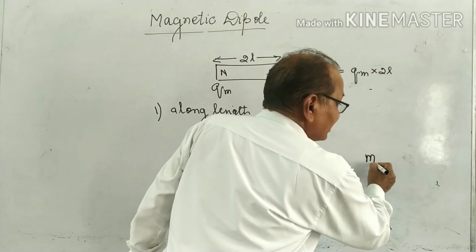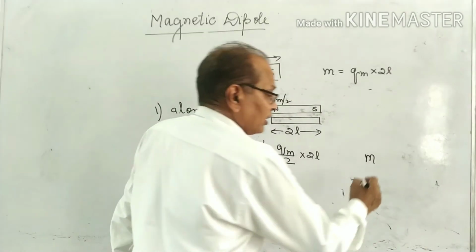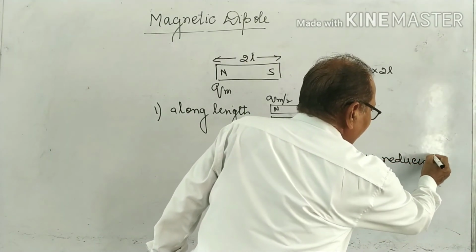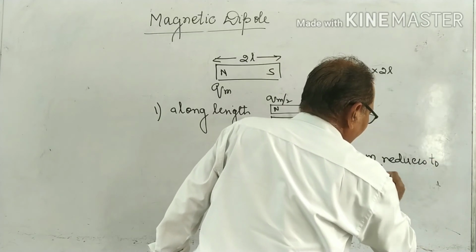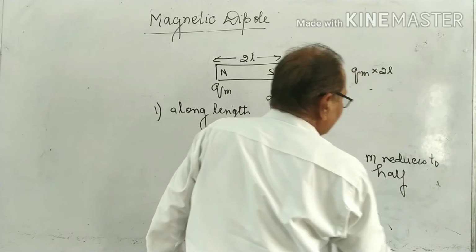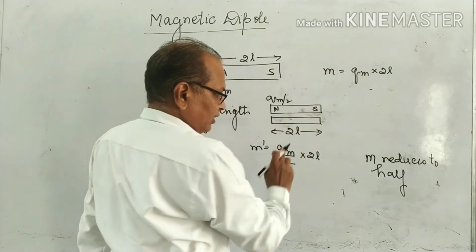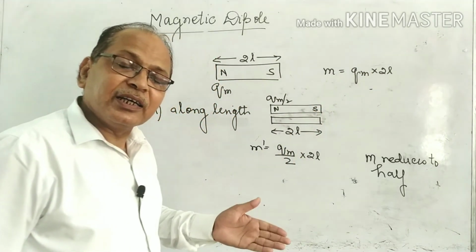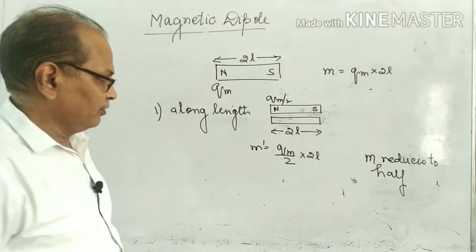So the magnetic dipole moment M reduces to half. See, Qm into 2L, here Qm by 2 into 2L. Magnetic dipole moment reduces to half.